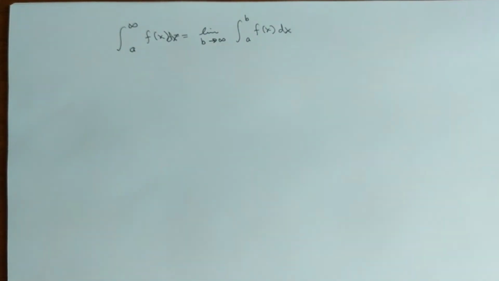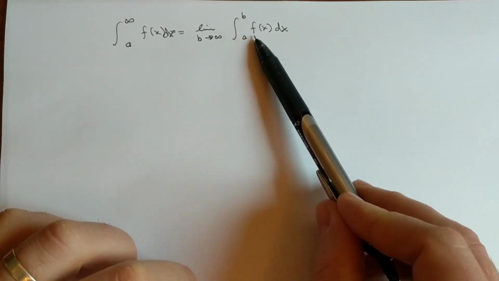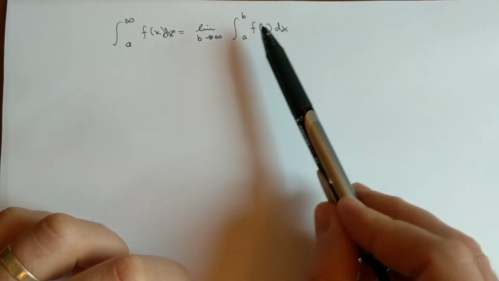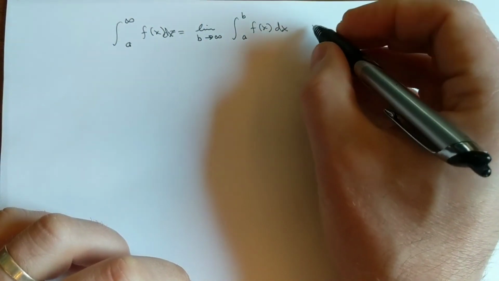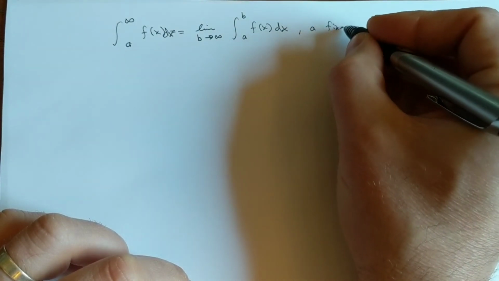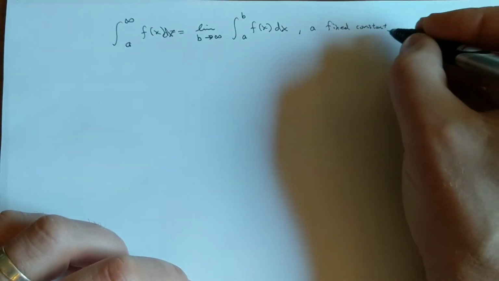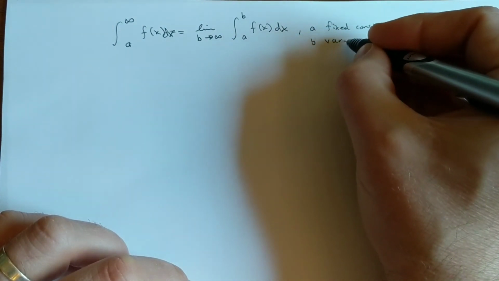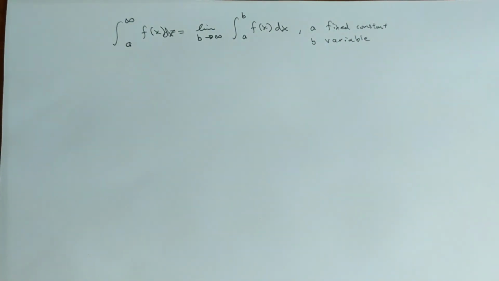We're going to treat this like a definite integral, then once we take the definite integral, we apply the limit as b goes to infinity. Remember, in all of these, a is a fixed constant value, and b is a variable that we're introducing in order to get to the idea of infinity.